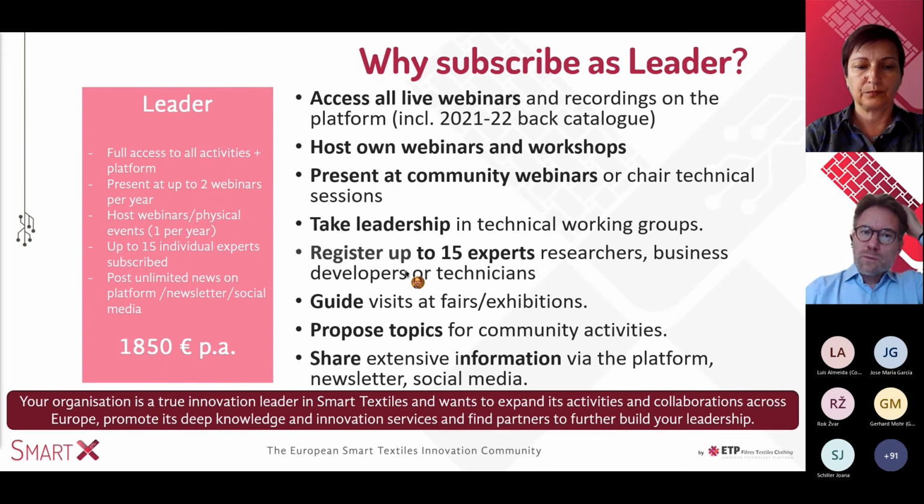So in terms of the services, obviously you will get access to all the live webinars that we organize, plus all the recordings that are uploaded on the platform, including the 2021 and 22 back catalog that Daniela mentioned.